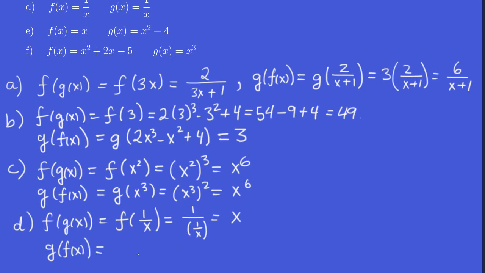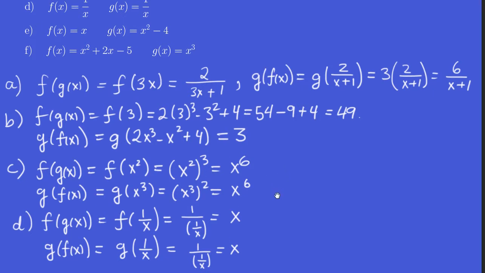So we expect that this should be the same answer, right? But let's carry it out anyways. f of x is 1 over x, so I make that replacement. And what does g do to something? Well, same thing. It does 1 over that thing. And 1 over 1 over x is just x. So in this case, coincidentally, they turned out to be the same as well.